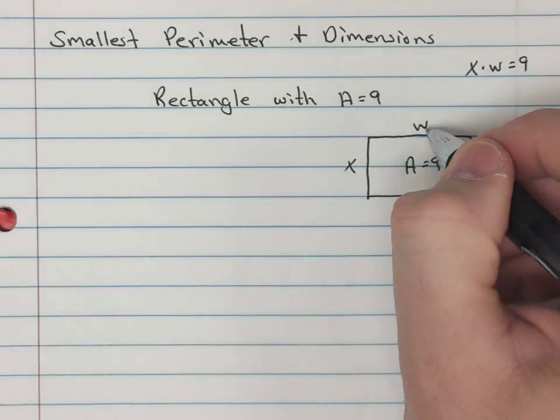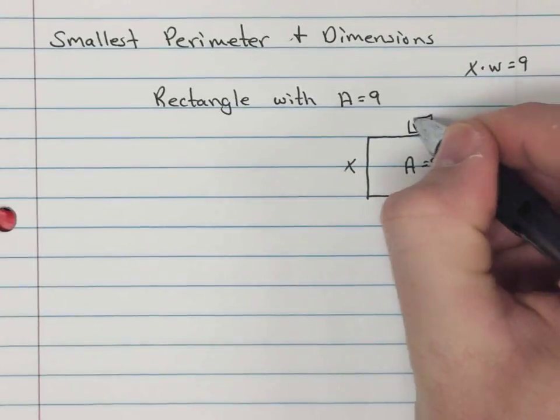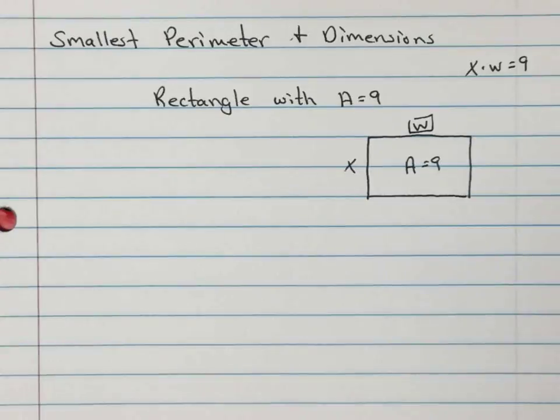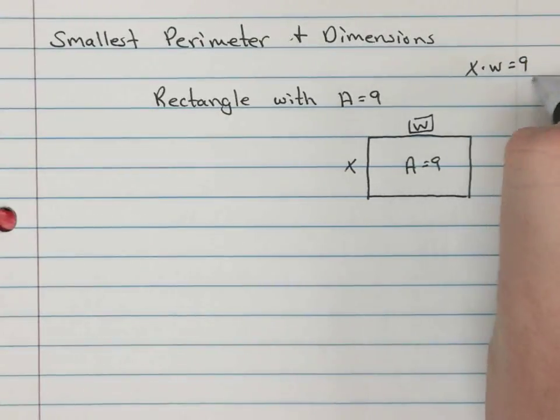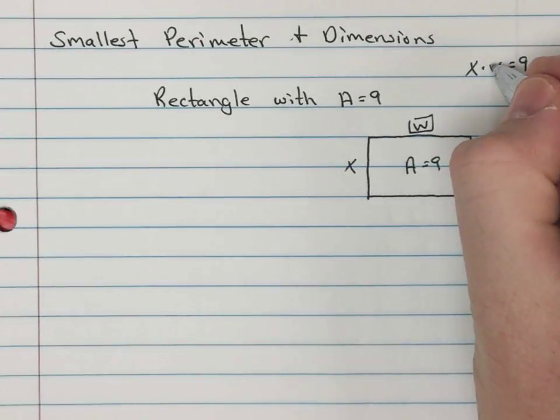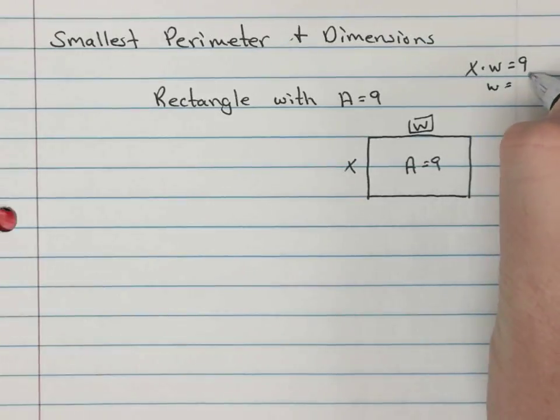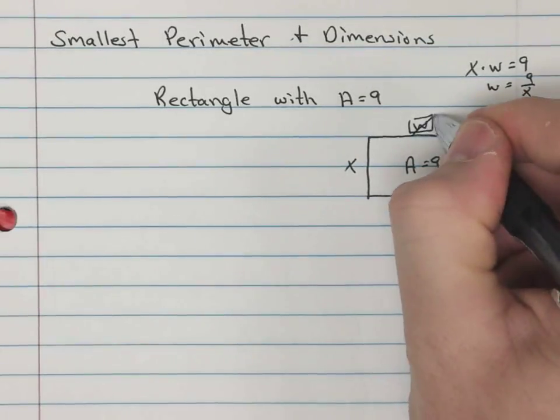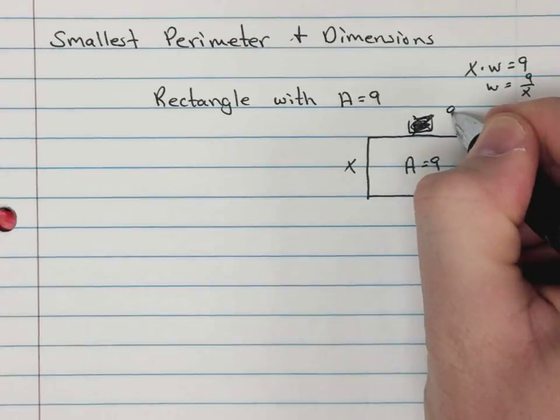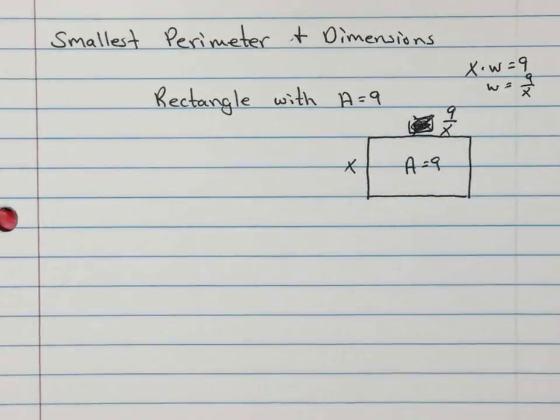But instead of defining this in terms of w, I'd really like to define it with x's. So I can solve this little equation, move the x over, and I know that w is equal to 9 divided by x. So instead of defining this in terms of w, let's define it in terms of x.